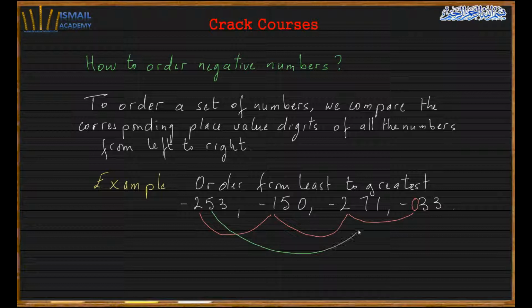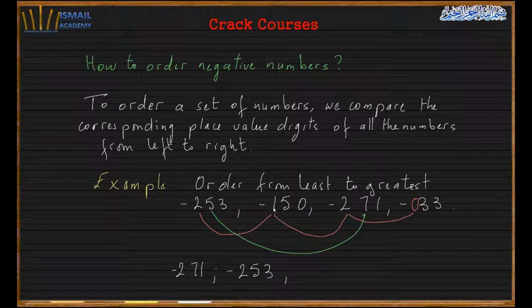We have 5 and 7. 7 is greater, that means this will be my smallest number. So I put this one first: minus 271. Then 2 is bigger than 1, that means this one is smaller than that one, so it's minus 253.